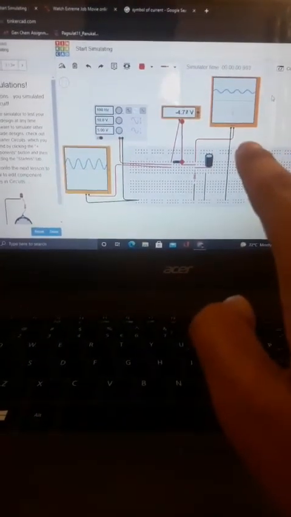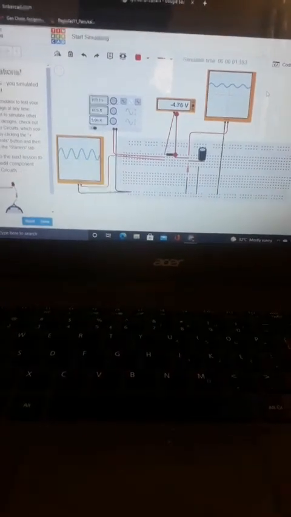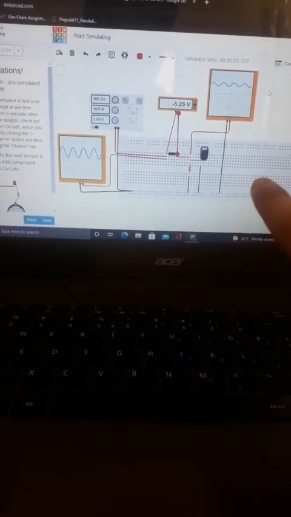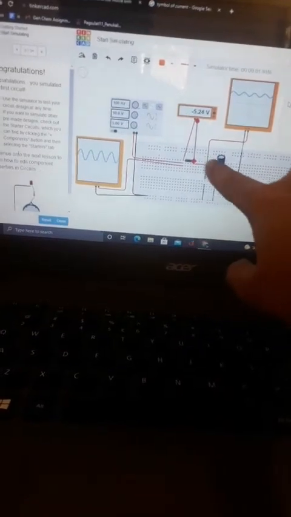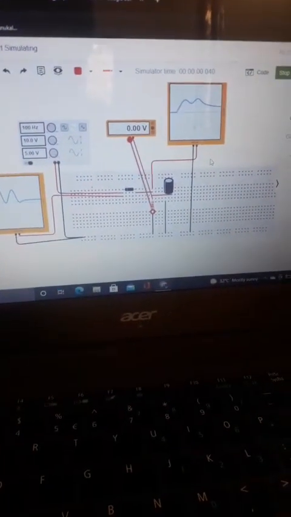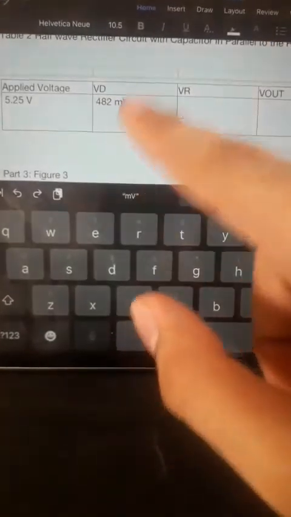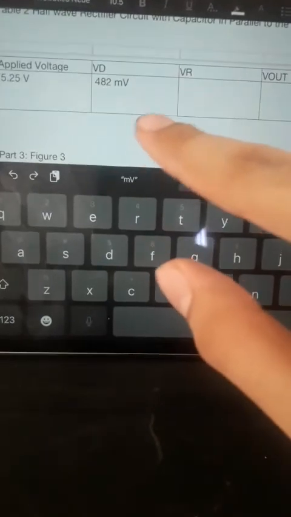Still 5.25 negative. I guess I'm going to start assuming it's the same since the capacitor won't affect the rest, because current is going through like this. So I'm going to assume there is still 0 volts. The voltage of the diode is still the same.